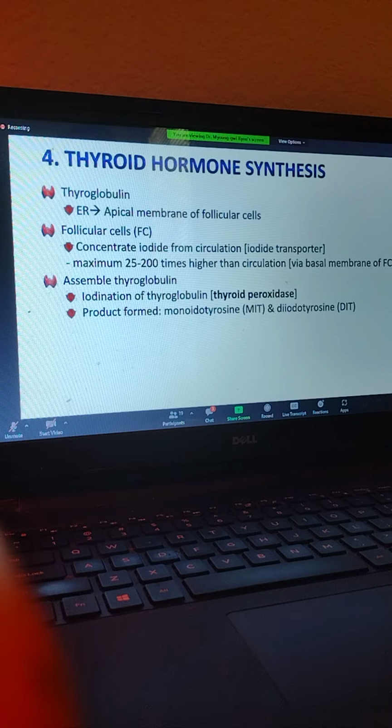Tyrosine with one iodide attached is called monoiodotyrosine, MIT. And then it is possible to have tyrosine with two iodides attached, right? It's called DIT, diiodotyrosine. So in the thyroglobulin, there are a lot of tyrosine residues, and now iodination happens, so we're going to have MIT and DIT.